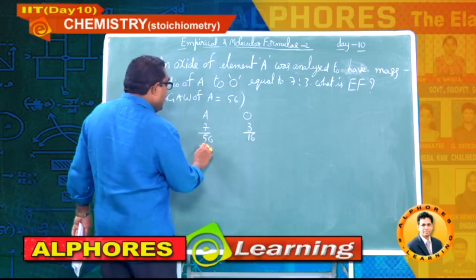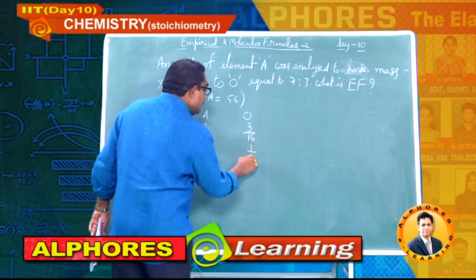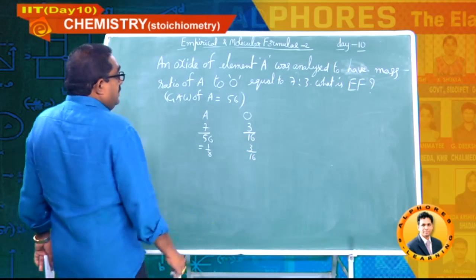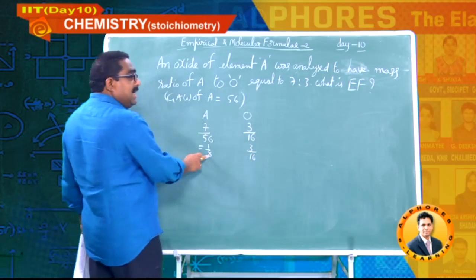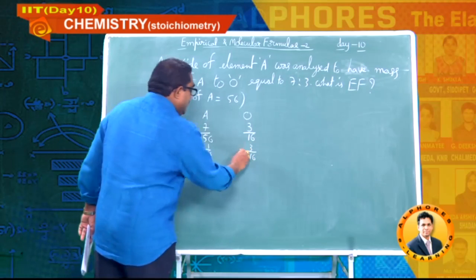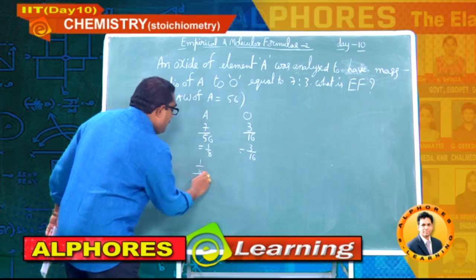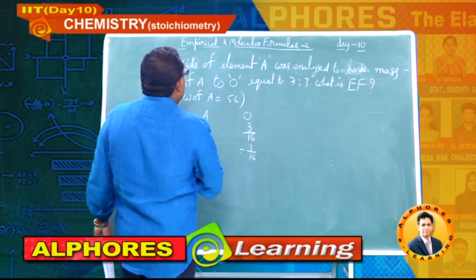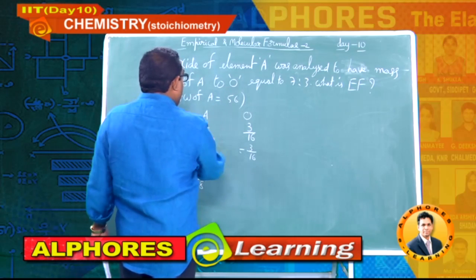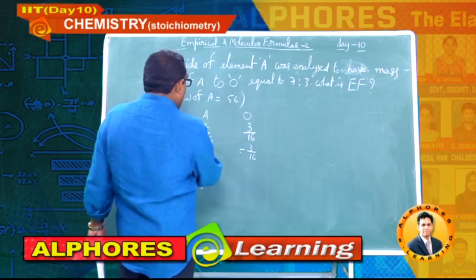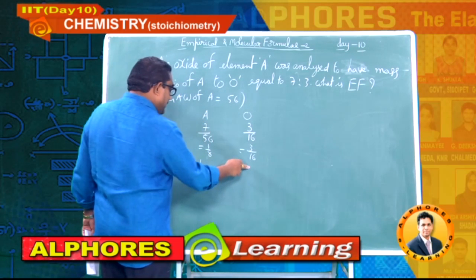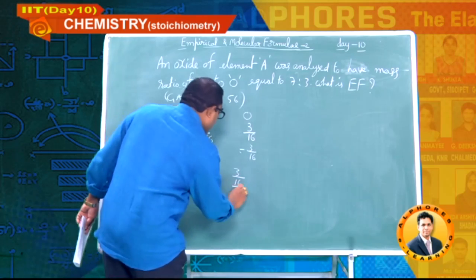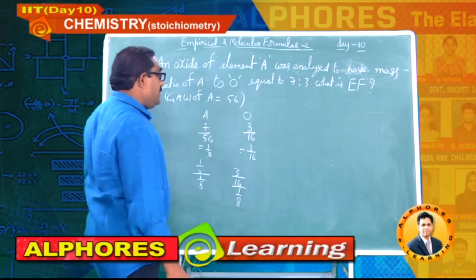So here I am calculating 1 by 8, 3 by 16. This is 1.5 by 8. So this is the least number. So you have to divide with this, 1 by 8 by 1 by 8, and 3 by 16 by 1 by 8, students.